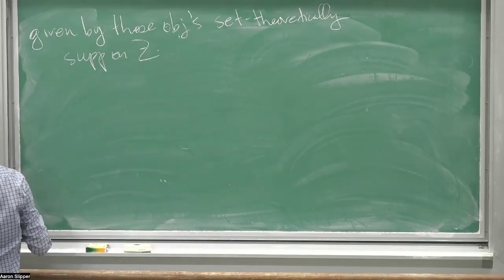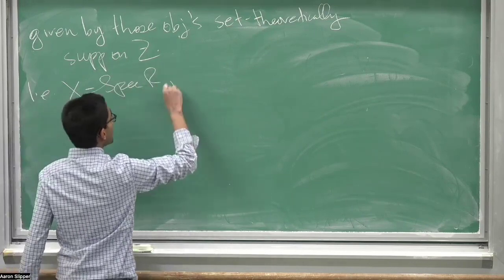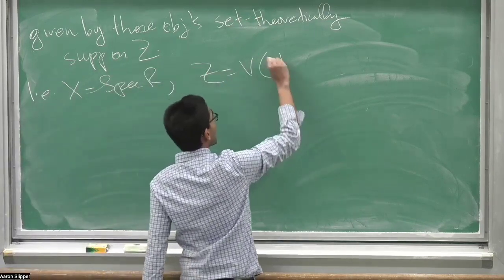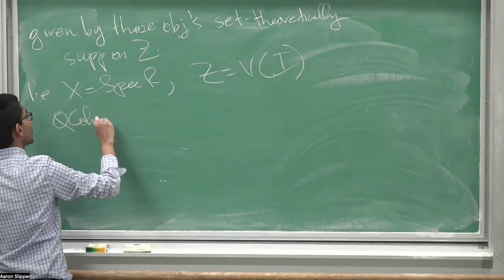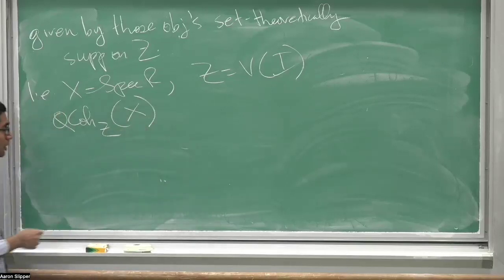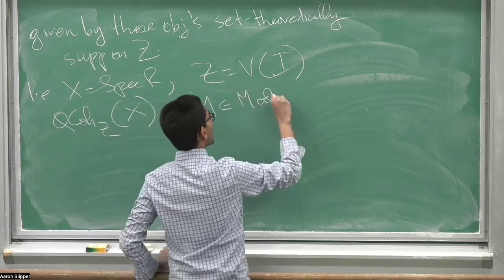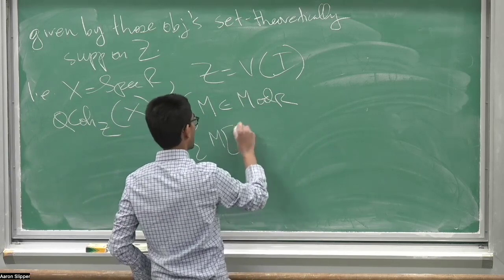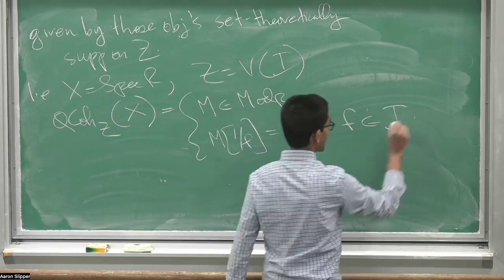So if X is Spec R, and Z is the vanishing locus of some ideal I, then in this case QCoh_Z of X is going to be those R-modules M such that any element of I acts locally nilpotently on M, that is, M localized at 1 over f is 0 for all f belonging to this ideal.